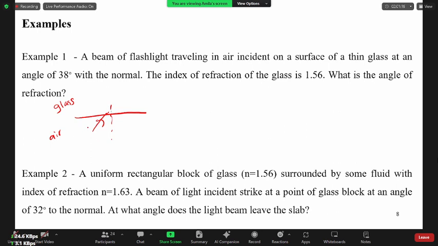Now this is less dense when you compare with the glass.